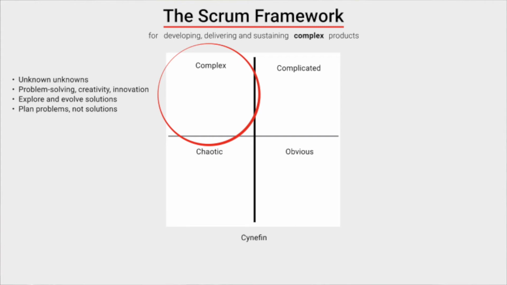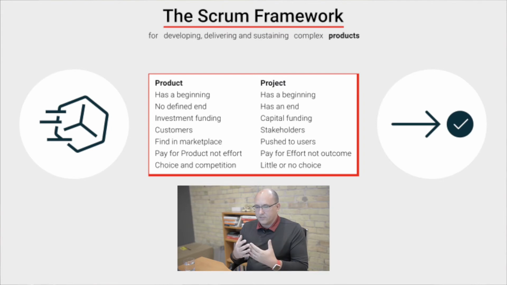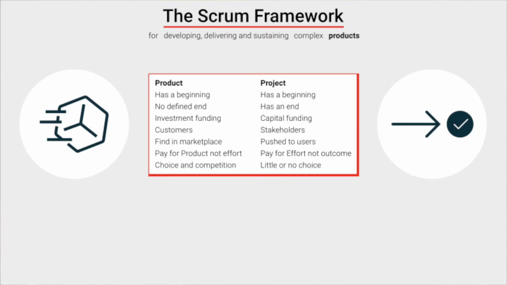Now, the last part of this phrase is products. So I want to contrast product versus project because the Scrum framework is very specific about this concept. The Scrum Guide does not use the phrase project or project management anywhere. It talks about product. Products and projects both have beginnings.